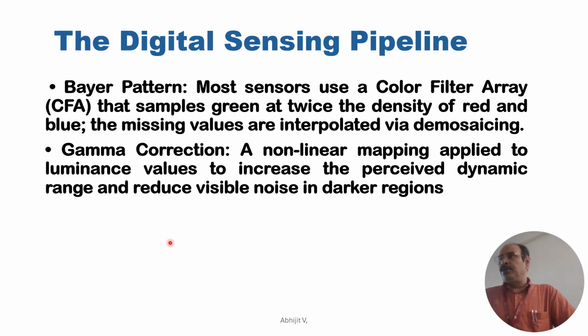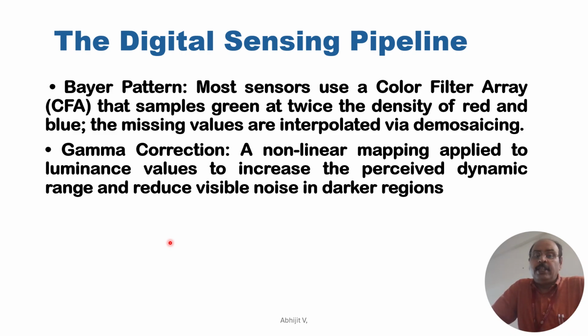Concluding today's class, the last two important things are color filter arrays, or CFA, which sample green twice. You might find that in most images, blank things have a green background. Why is that? Because green is sampled at twice the density of red and blue.